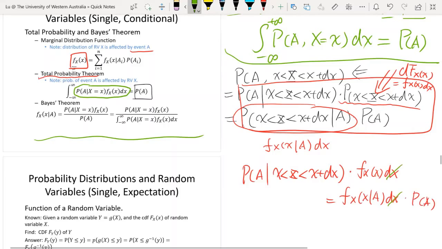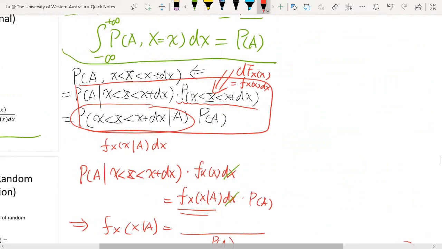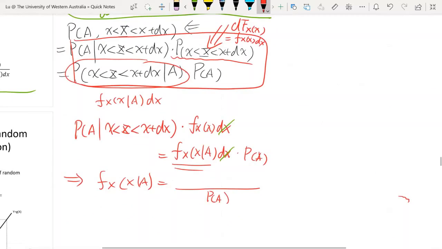Cancel some common terms to derive the next step. So we keep this one at one side of the equation. So fX(x|A) is equal to P(A) at the bottom on the other side, and on top, we have P(A|x) here.